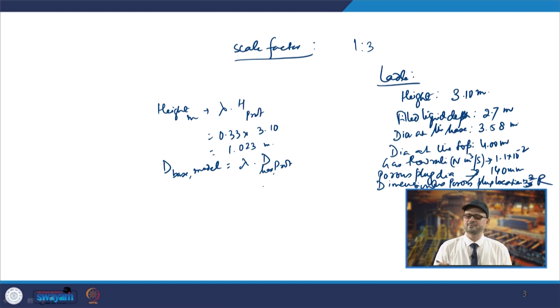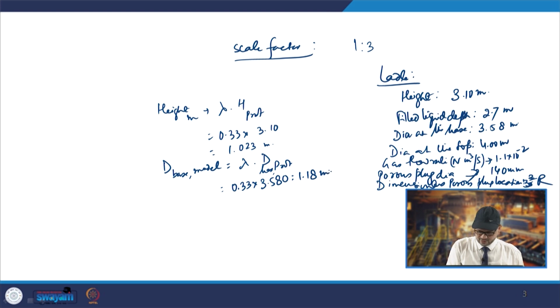The diameter at the base of the prototype is 3.58, so it will be 0.33 into 3.58, which is 1.18 meter.